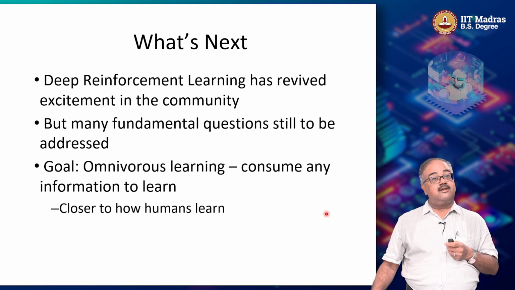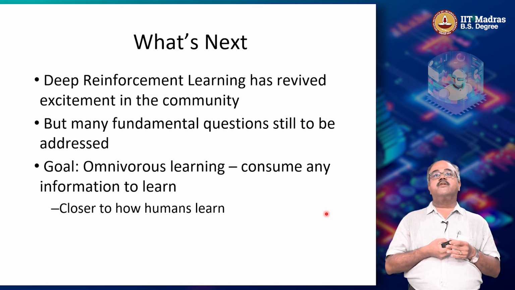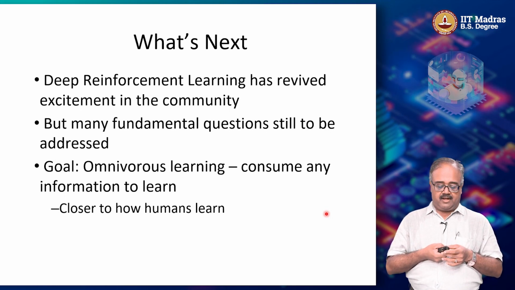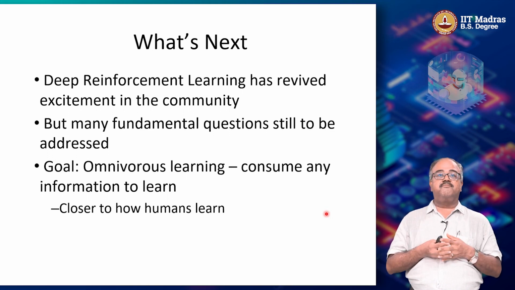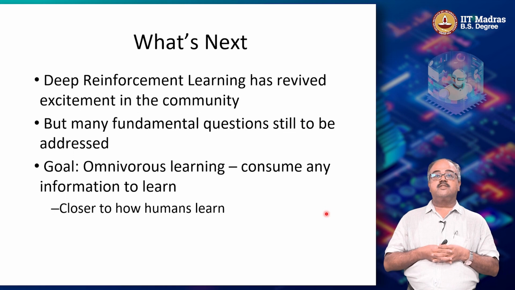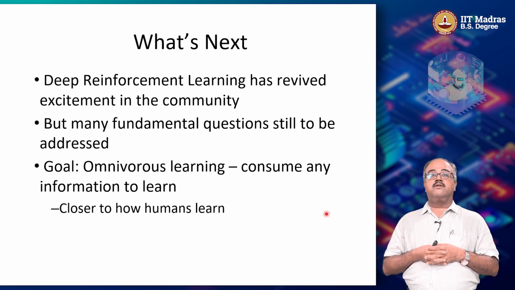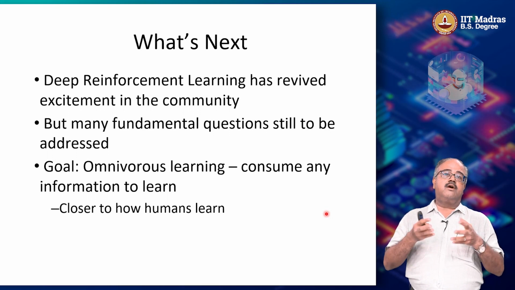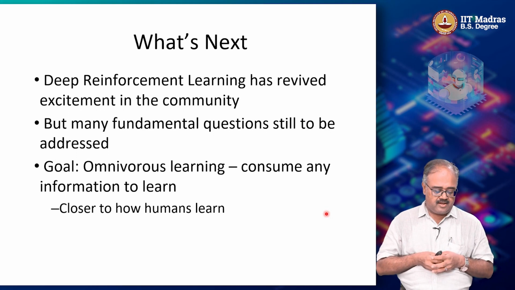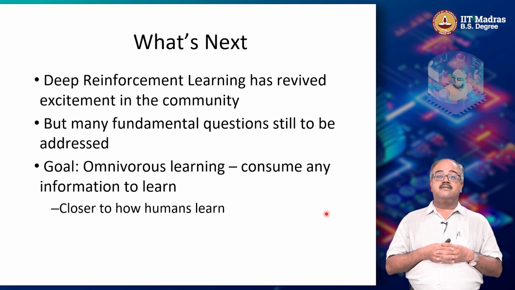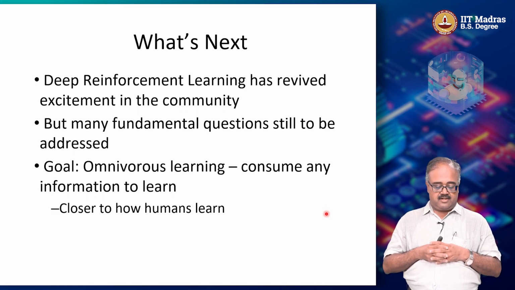But still, there are many fundamental questions that need to be answered, right? We are looking at an introduction to reinforcement learning in this course, but reinforcement learning is still a very active area of research. So we'll be looking at some of the very basic foundational concepts of RL as part of this course, but there's a lot more to reinforcement learning. The goal of all of AI, and in particular all of machine learning, is to build something like an omnivorous learning system that can consume any information to learn.